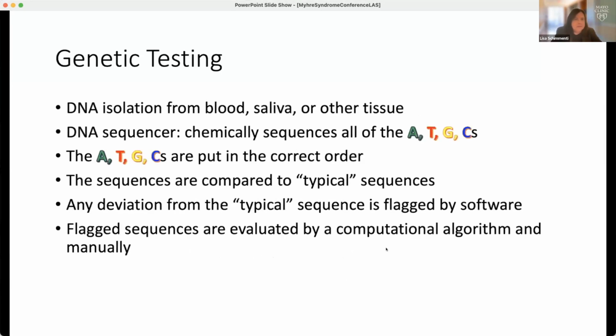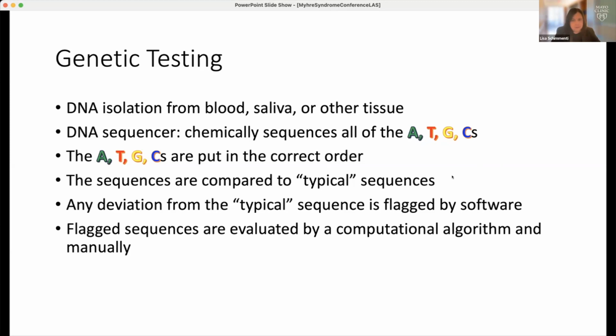So when we do genetic testing, we isolate DNA from blood, saliva, or other tissues. We then take that DNA and put it in a sequencer where all the A's, T's, C's, and G's are sequenced. They're put in the correct order. And then we take the computer readout from the genetic testing and we compare that to typical.